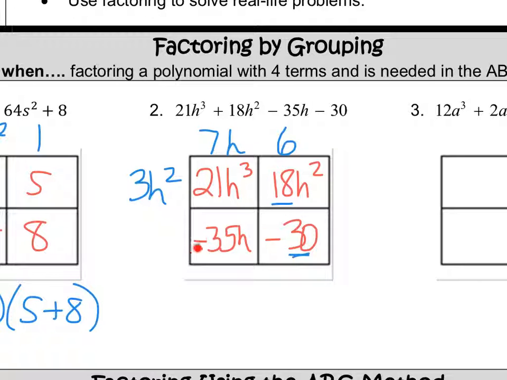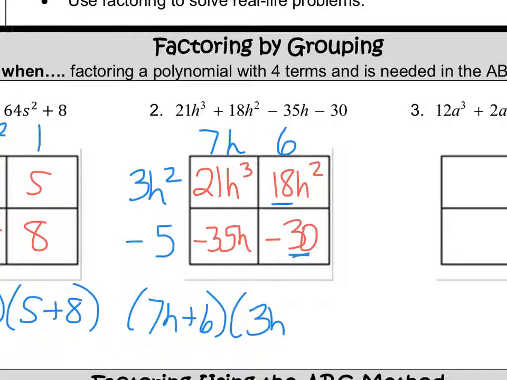So here, the closest to the wall that I'm pulling out is a negative, so I'm going to pull out a negative 5. Okay, so my factors are 7h plus 6 and 3h squared minus 5.